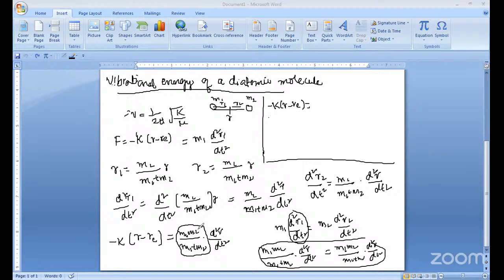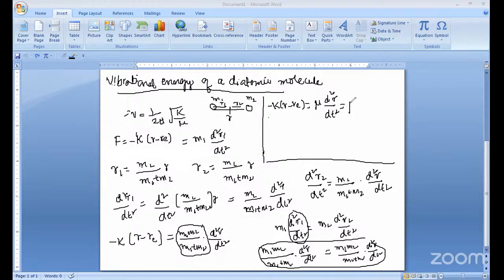M1 M2 by M1 plus M2 is the reduced mass, which we write as mu. So it is mu into d square R by dt square.